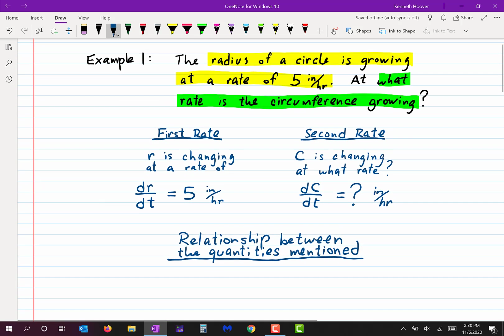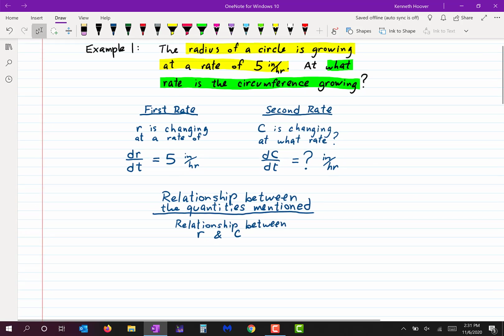So we want to write down, how is R related to C? Well, that's right, the relationship between radius and circumference.